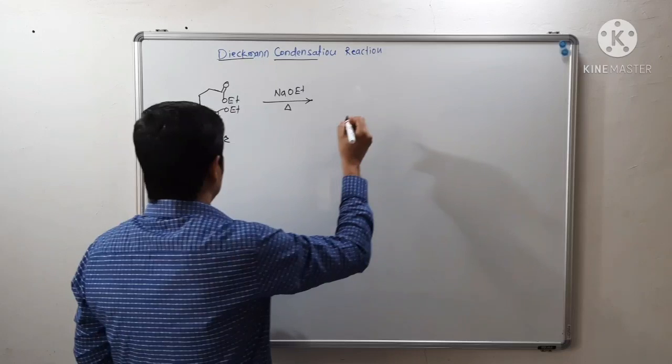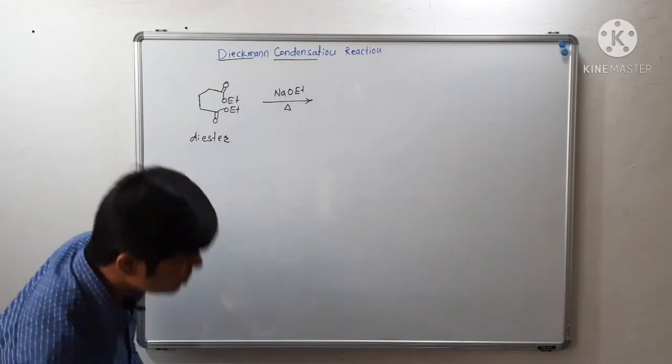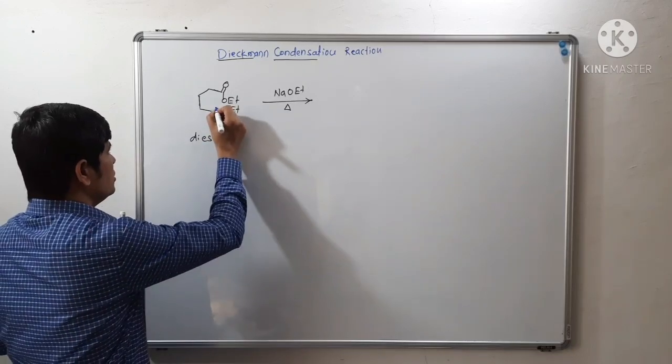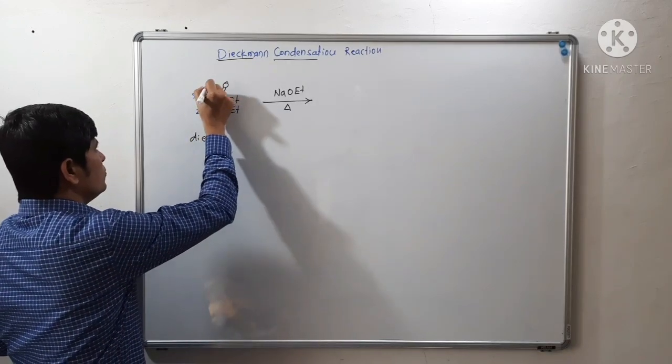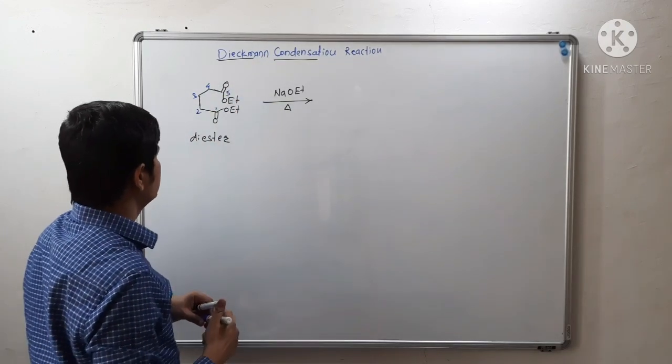So what will we have? We will get a product like this. See here, I will number it like this so we will not be confused: 1, 2, 3, 4, 5.